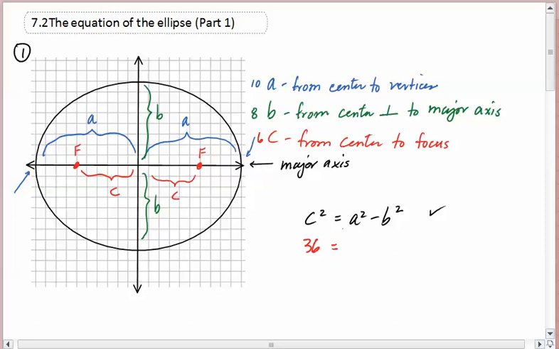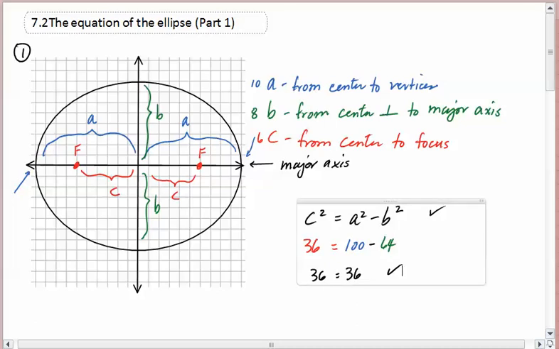So 6 squared, there you go, there's that. Then I have 10 squared, which is 100. And then I have 8 squared, which is 64. Now let's take a look at the relationship here. So is that true? Sure it is. So that relationship is true, and these relationships are true on all ellipses.